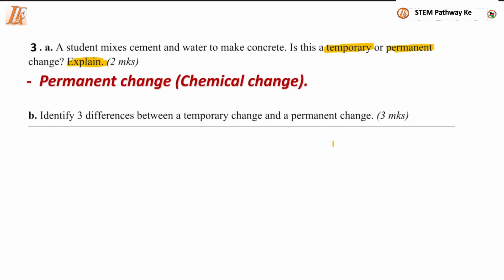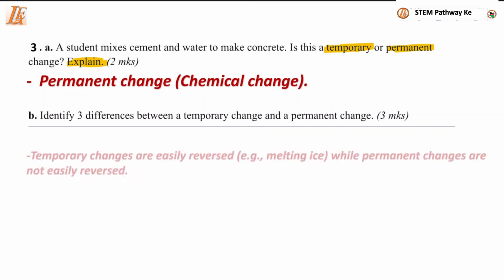This is because when water is added to cement, a chemical reaction called hydration occurs. This creates a new crystalline structure that binds sand and gravel together. Unlike a physical change, like freezing of water, you cannot reverse this process to get the original dry cement back into its powder form. That's why this is a permanent change.